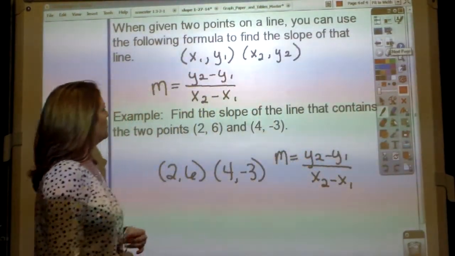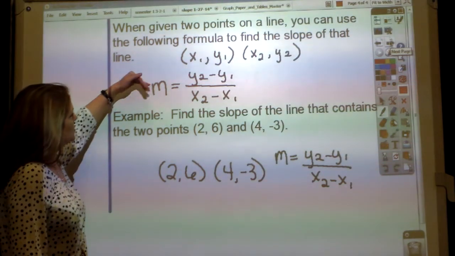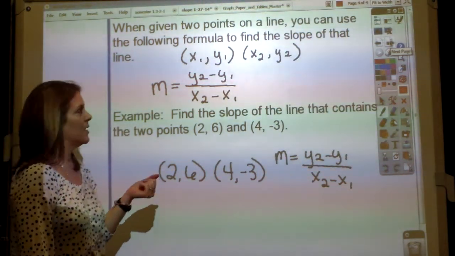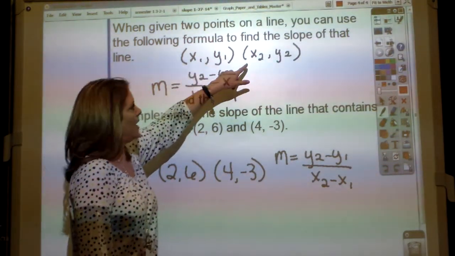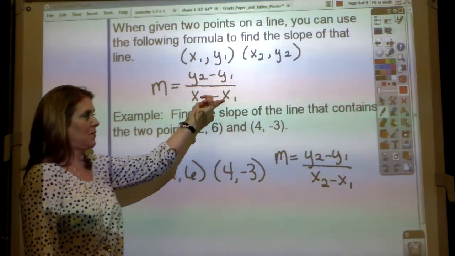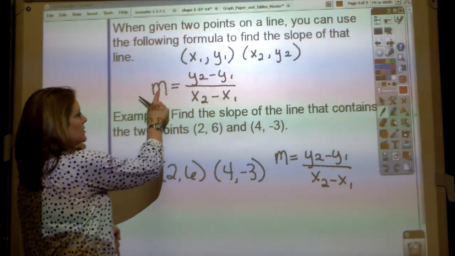Another way to find slope is to use the actual slope formula. When you use the slope formula, you're going to be using 2 ordered pairs on the line, and you want to think of those ordered pairs as x1, y1 and x2, y2, because you're going to be plugging them into specific points in the formula. M represents slope.